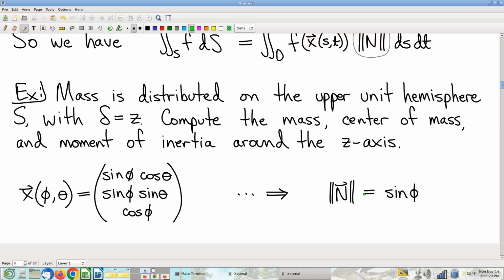Now again, notice, big gap here. Yada, yada, yada, got left out in here. So make sure you can fill in these gaps. This is the same exact calculation from a couple pages back where I outlined the checkpoints of the partial derivatives and the cross product, etc. This has no checkpoints here.